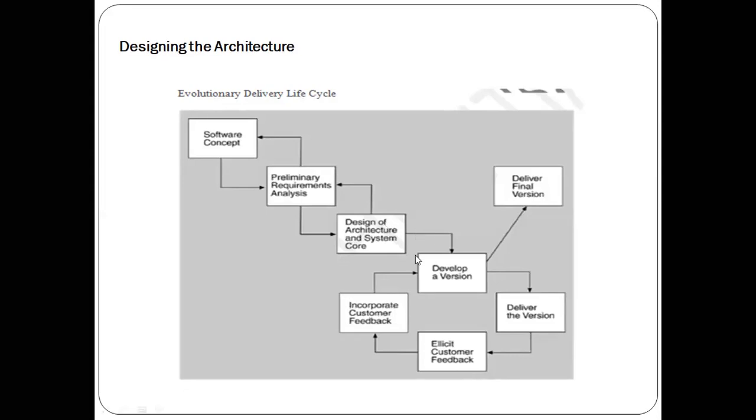Coming to the third step of the process, design of architecture and system core. So this is what we are looking for. In this designing part, what are we going to do? First of all, develop a designing version. Which design are we going to implement?